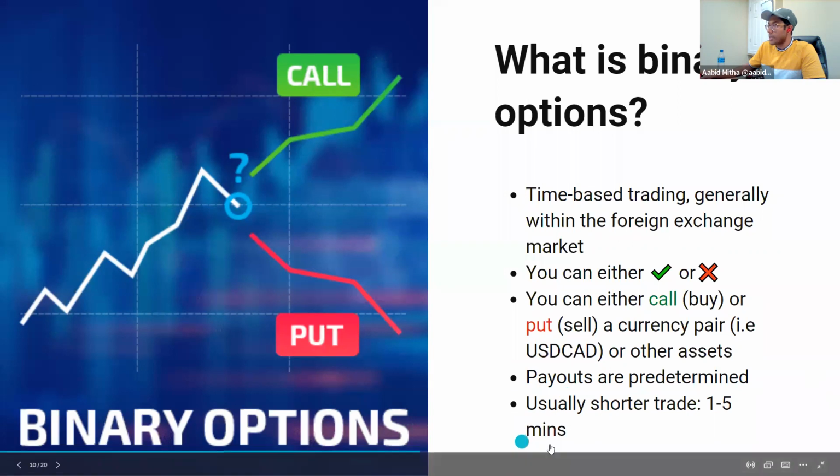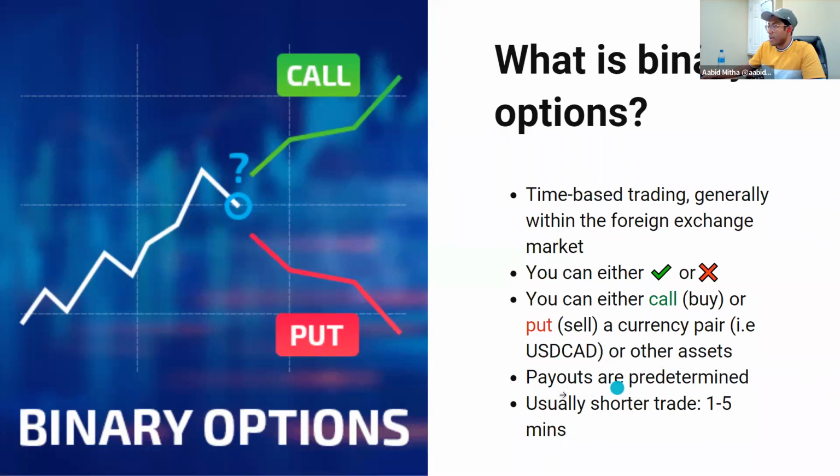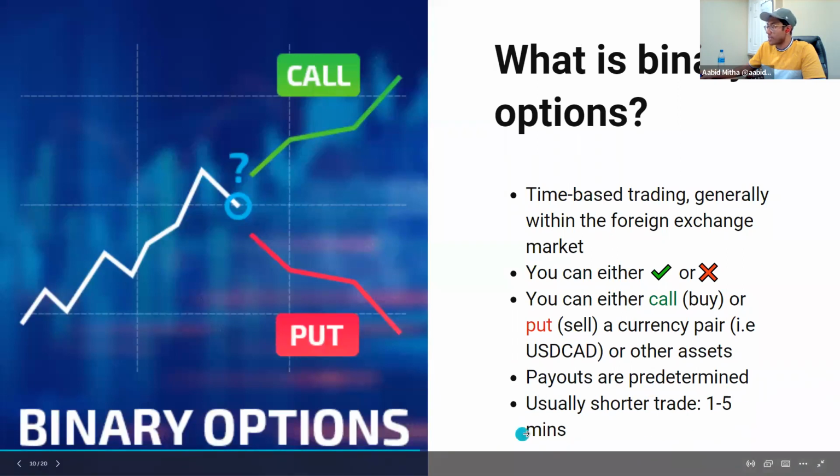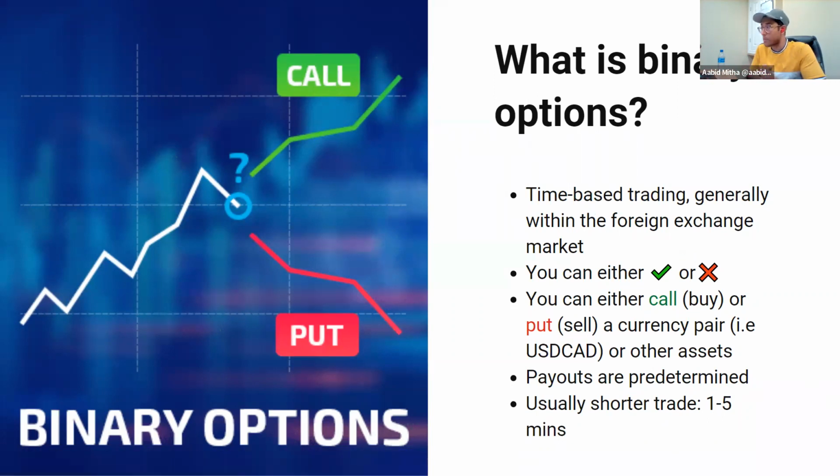Usually within binary options, since it's time-based trading, we also tend to take shorter trades, usually between 1 to 5 minutes. So you're quickly in and out of the market. You only have two options, so you do your analysis and see, based on what I'm seeing, is the price going to go up or is the price going to go down?